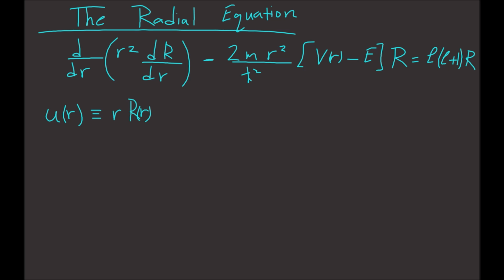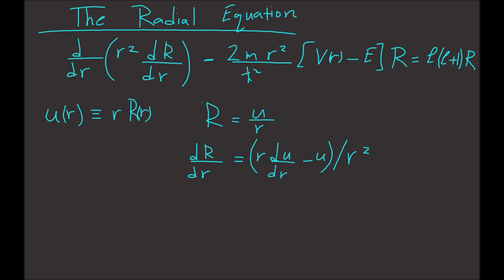Which means that if I'm solving for R, I get R equals u divided by r. So let's take two derivatives of this R. So dR/dr equals r du/dr minus u, divided by r squared.